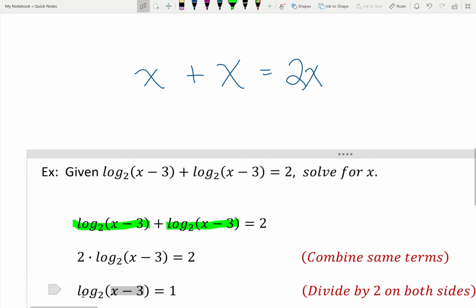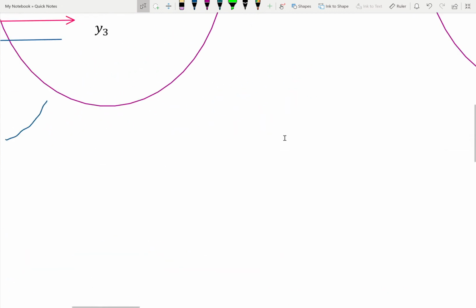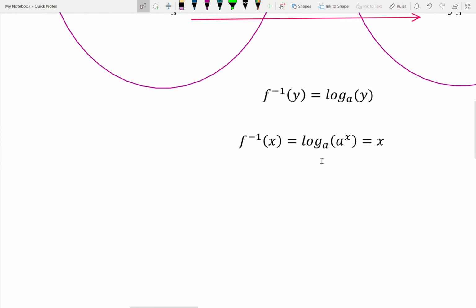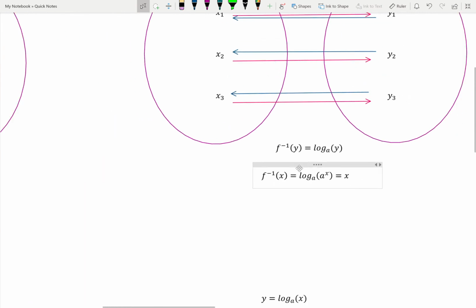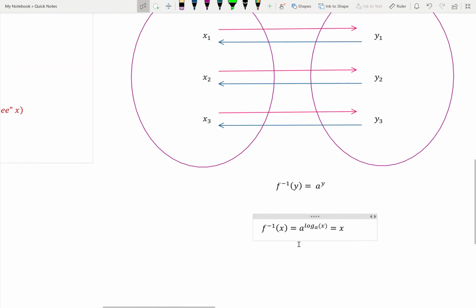I have to use its inverse. So I'm going to invoke this inverse law that we just looked at right here, right? If I take a raised to the log base a of x, I'll just be left with whatever's in the parentheses.